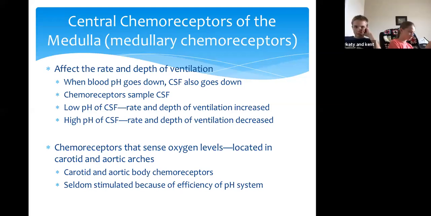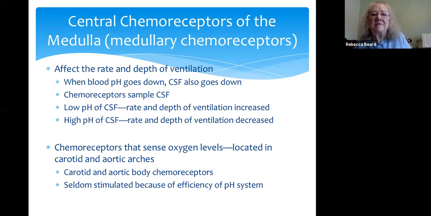If the pH level is high, then it's going to decrease the rate of ventilation. Okay.